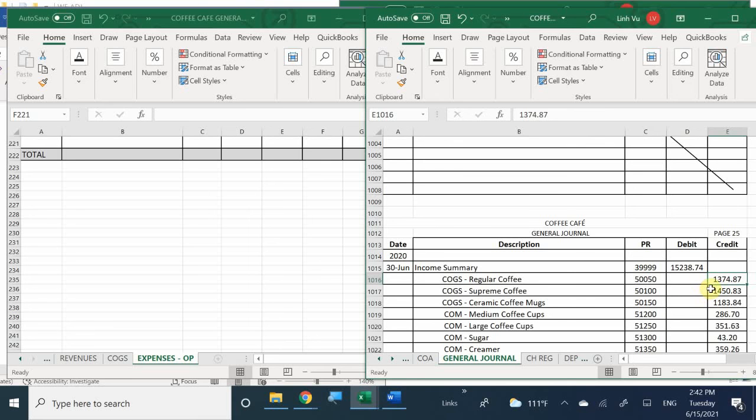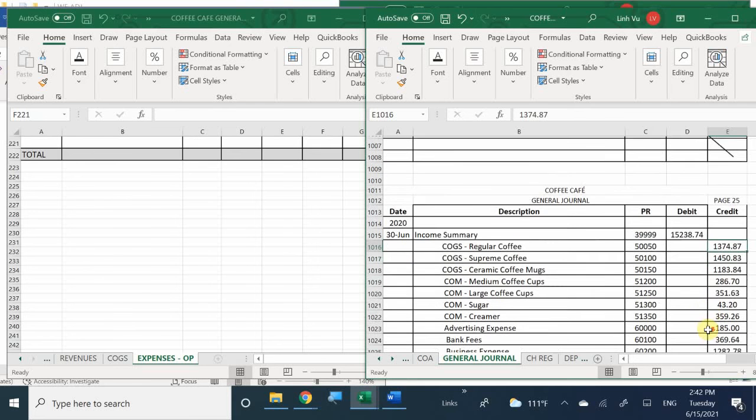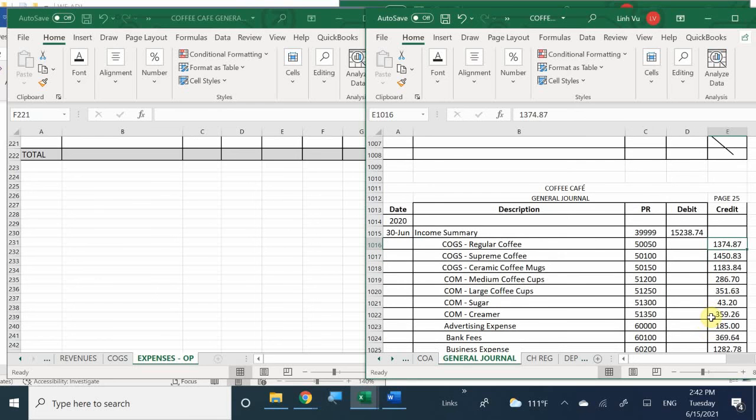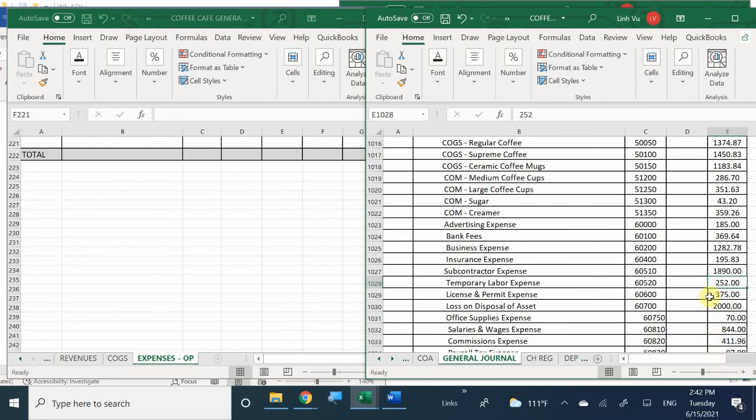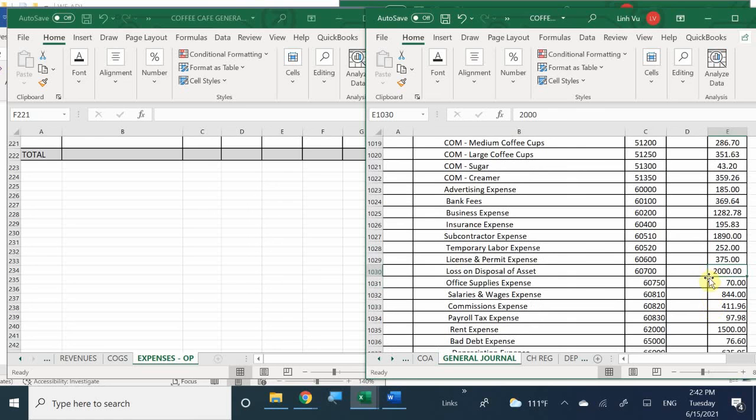1374.87, 1450.83, 1183.84, 286.70, 351.63, 43.20, 359.26, 185, 369.64, 1282.78, 195.83, 1890, 252, 375, 2000, 70, 884, 844. 884.